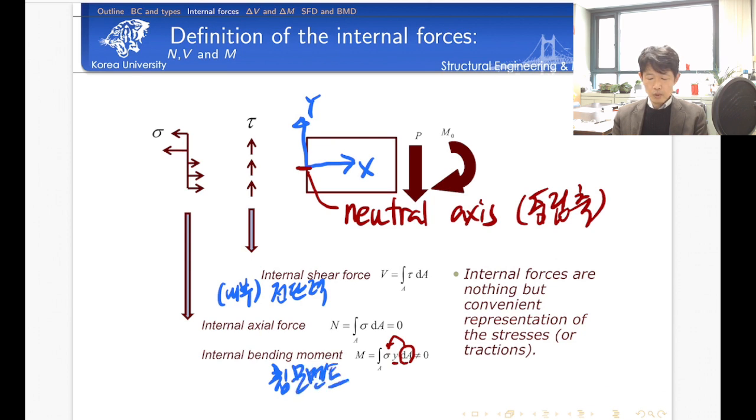In 우리말 힘 moment, or according to some people 내부 힘 moment. Anyway, make sure that in English we have the adjective internal. That emphasizes they are not external forces or external moment, but we are talking about the internal shear force and internal bending moment. Okay.